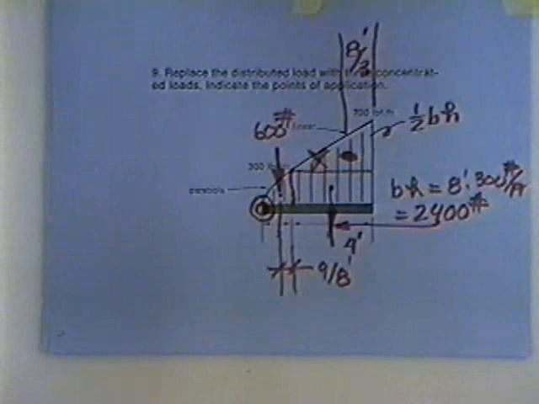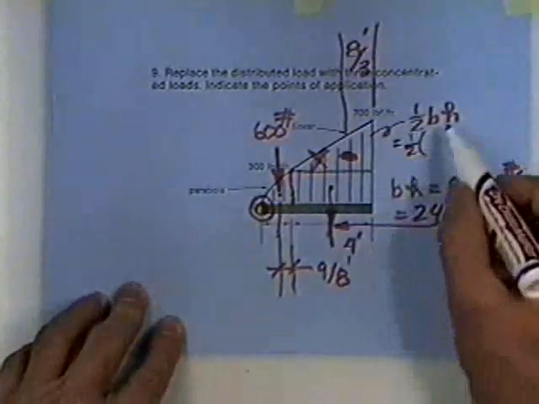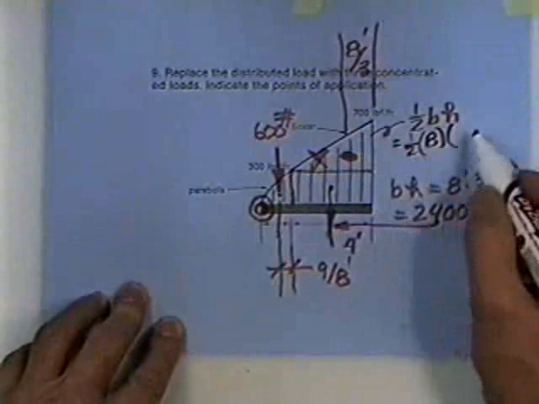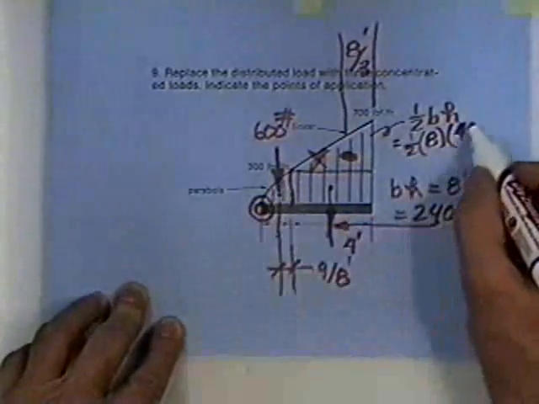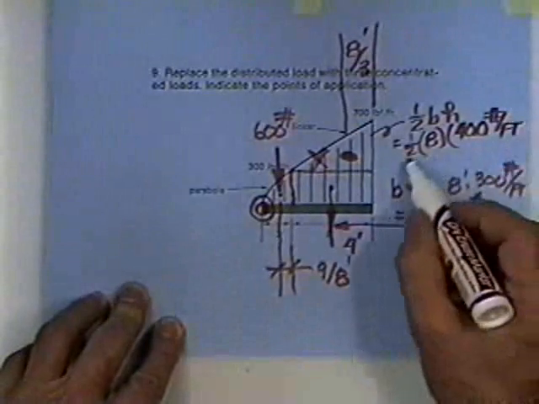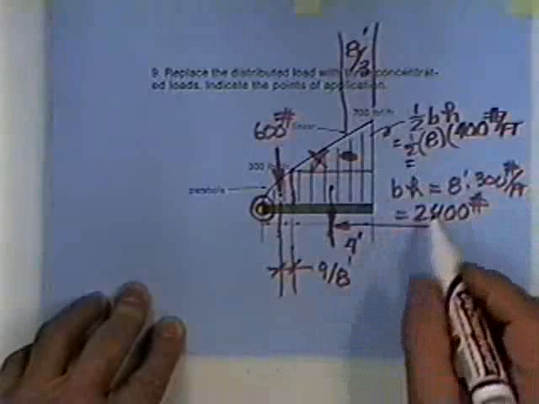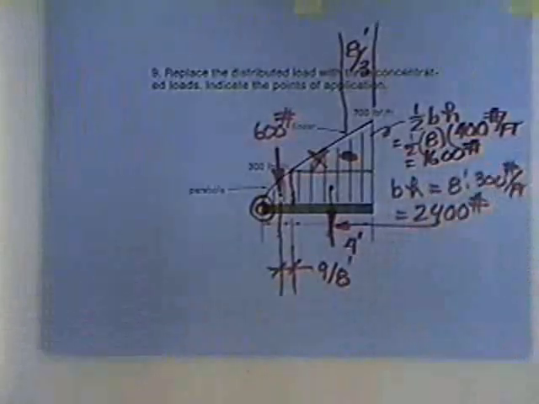He forgets he's already taken into account the 300 pound per foot block upon which this thing sits. So we're talking 1/2 of the base, 8 feet, times the height. It's not 7, take away 3, 400 pounds per foot. And I'll let you read it to me, Kelly. 1,600. Thank you. 1,600 pounds.